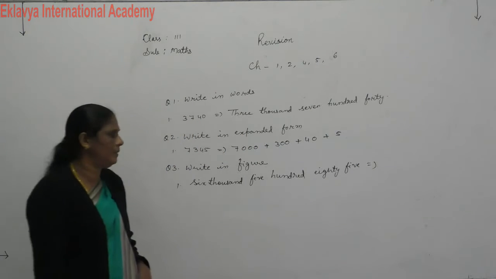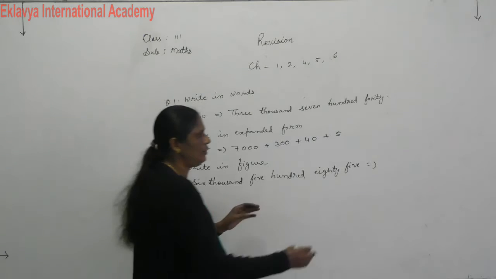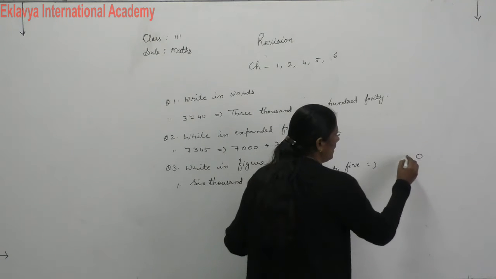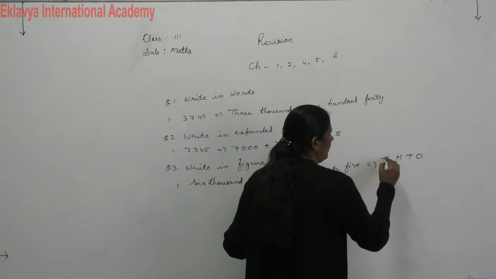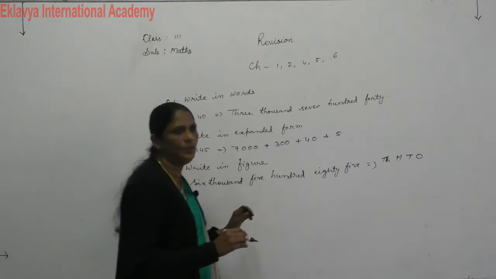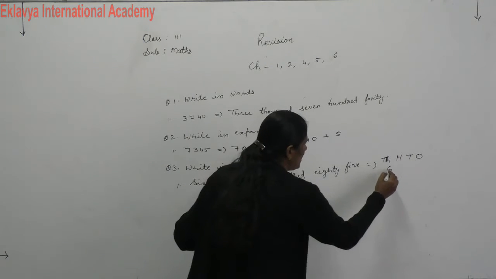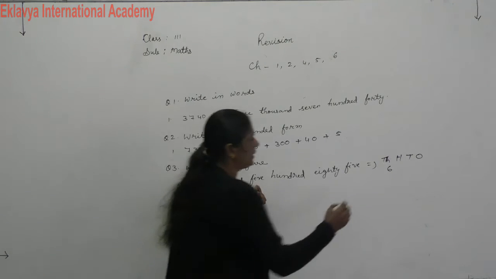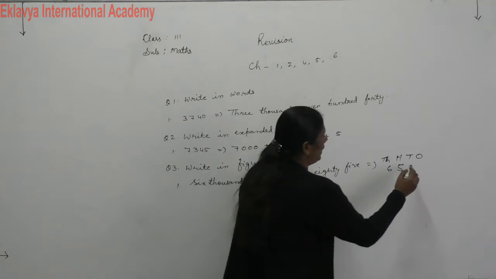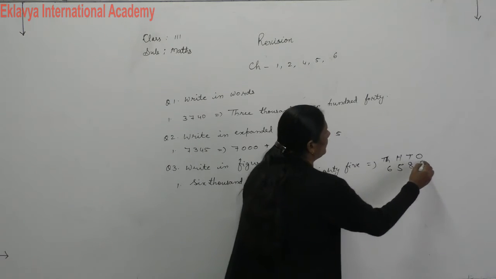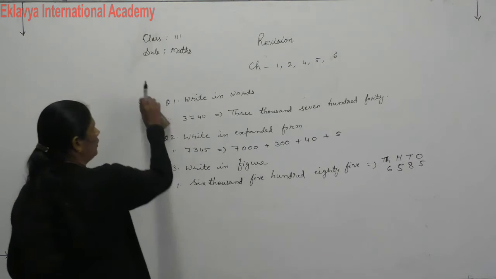In this question, you read the highest place value, 6,000. You write ones, tens, 100,000. Then you write 6,000. You write here 6. Then 500. Then you write 5. Then 85. Understand? Next question, number 4.